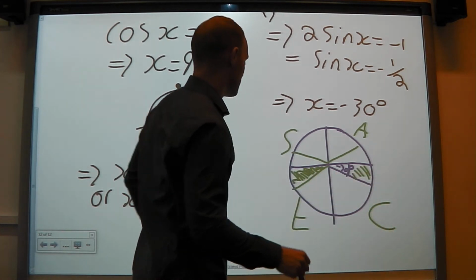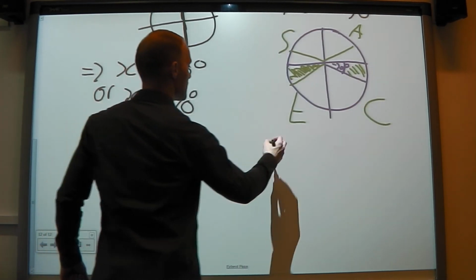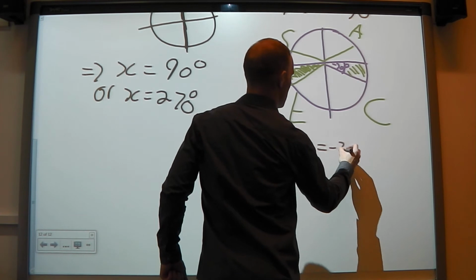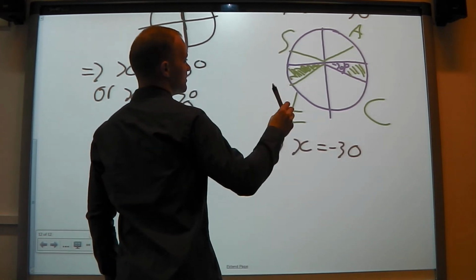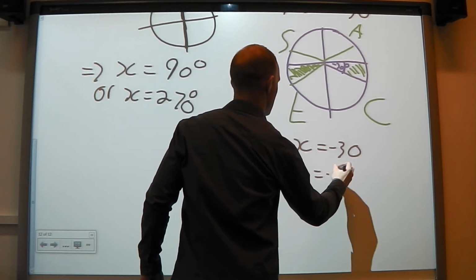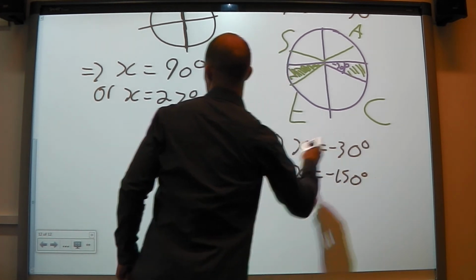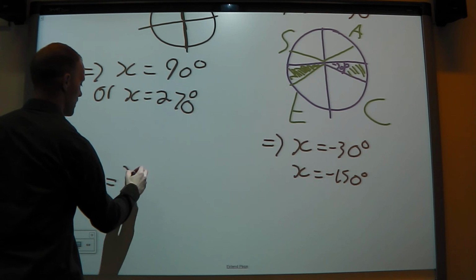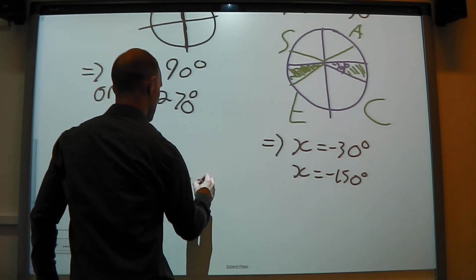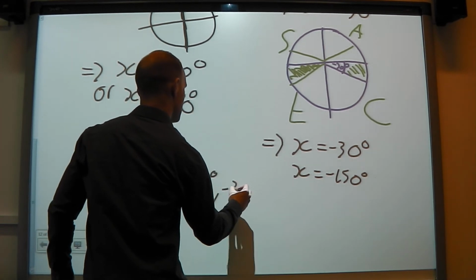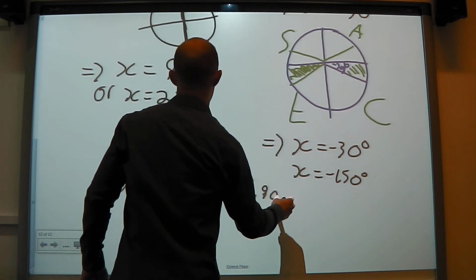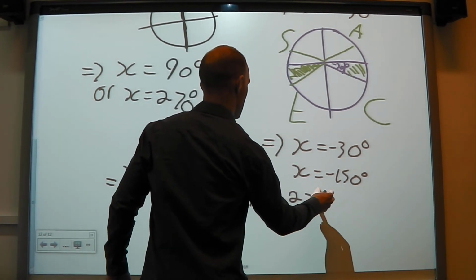So your angle is going to be negative 30, or it's going to be negative 180 plus 30 equals negative 150 degrees. So that implies that x is equal to negative 150, negative 30, 90 degrees, and 270 degrees.